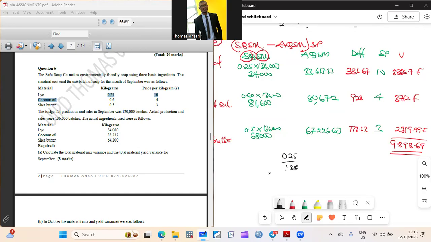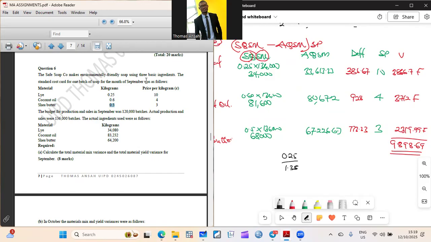Now, just as it happened under AQAM, the same thing is going to happen. This total that you see is the total for one production. One production. The total for one production.